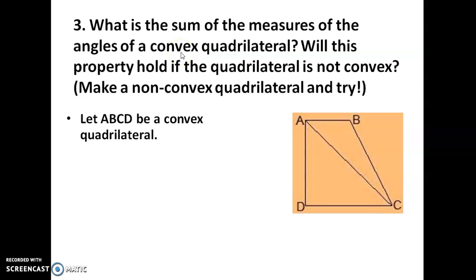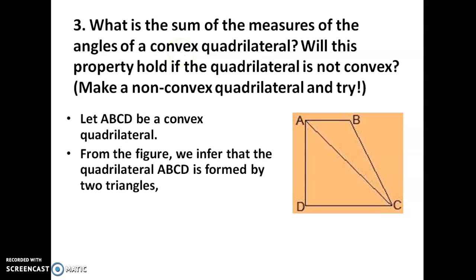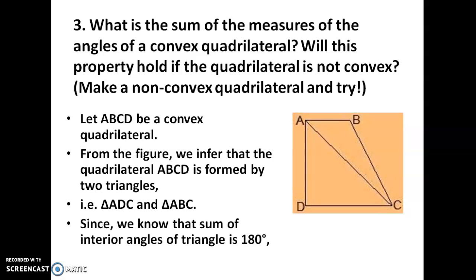So in the previous video I explained how the sum of the angles will be calculated. Okay, for the figure we infer that the quadrilateral ABCD is formed by two triangles. If you draw one diagonal like this, it is made of two triangles. Okay, so triangles ADC and ABC are the two triangles, and we already know the sum of interior angles of a triangle is 180 degrees.